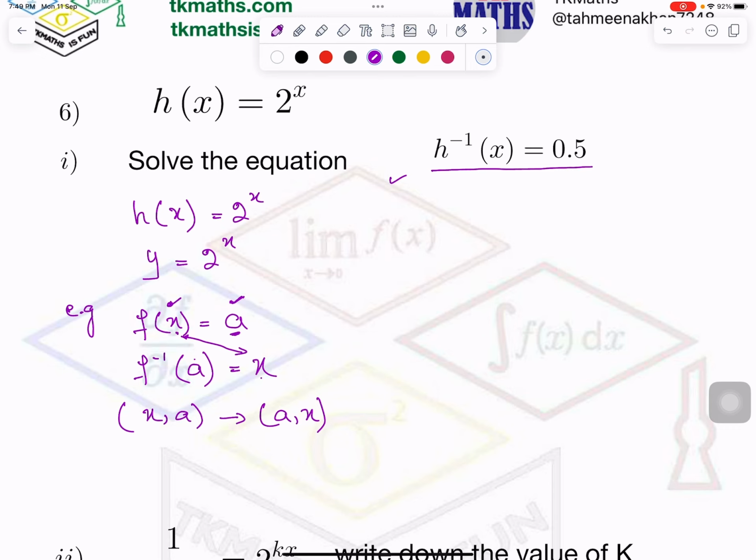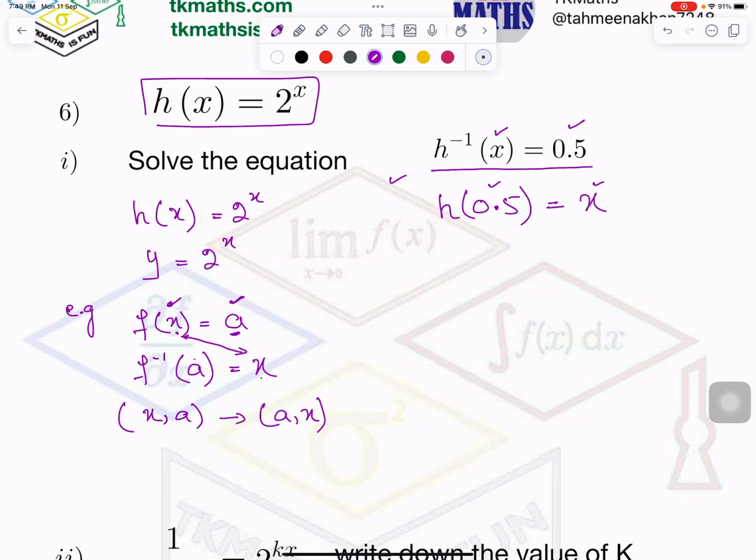So I can rewrite it and I can say h of 0.5 is equal to x. You get my point, what I have done here? Whatever is the domain of h inverse x will be the output of the function h. And what was the output will become the input. So now h we already know from here.